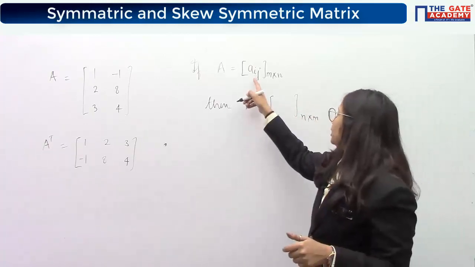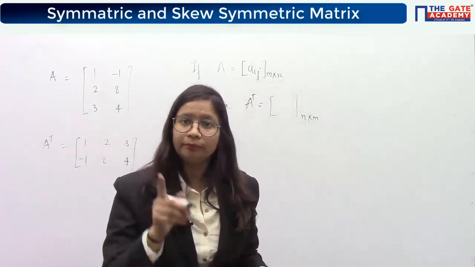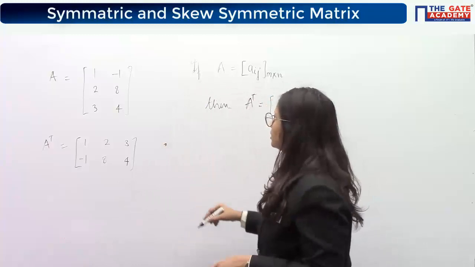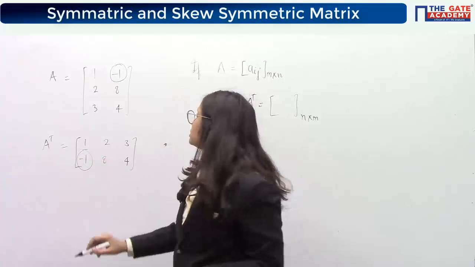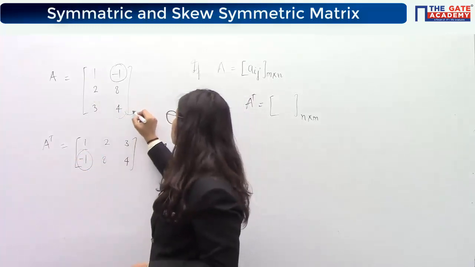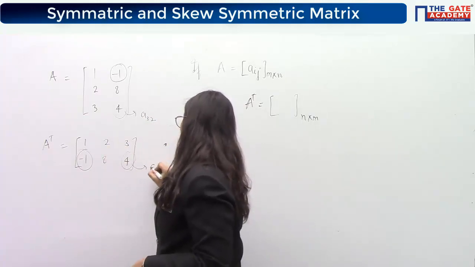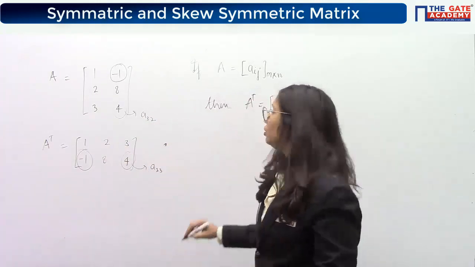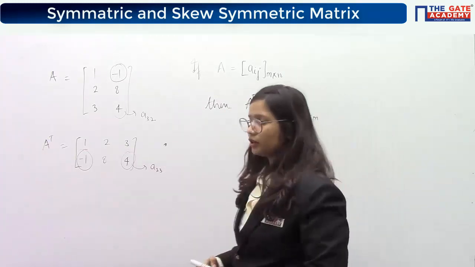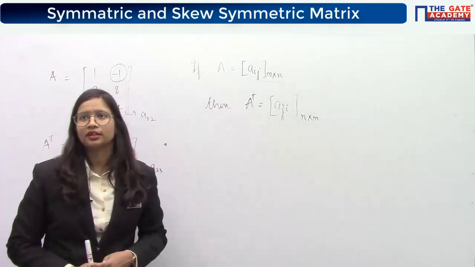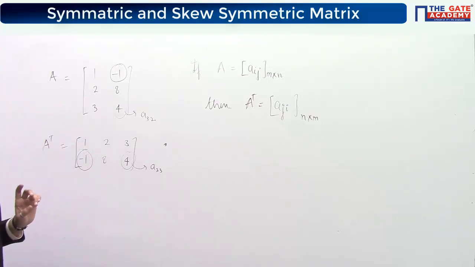And the element Aij, if it was A12 earlier, now for the transpose matrix it will become A21. Like in this case, this 1,2 element was -1, but now it has become 2,1. Similarly, this was A32, now in this matrix it will become A23. So I can write it like this, Aji, N cross M. This is the notation of the transpose matrix. Yes, very good.